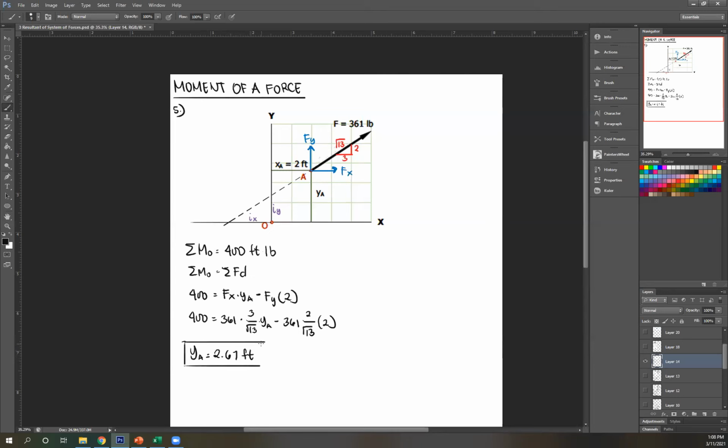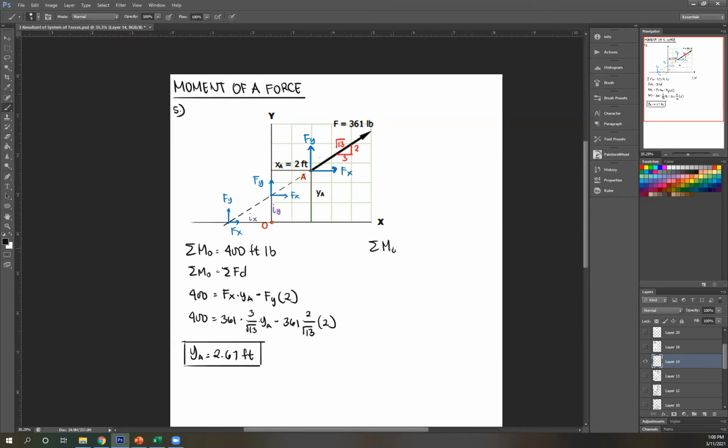Done. Next, solving for X and Y intercept. So like what we did earlier, to get your X and Y intercept, just place your forces here, Fy, Fx. Okay, so let's start here.